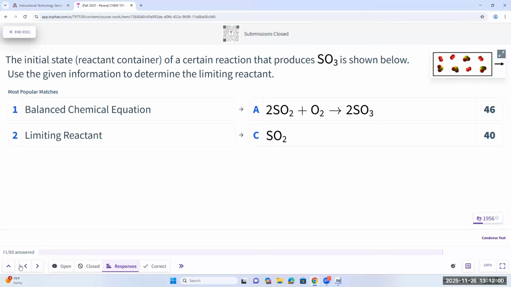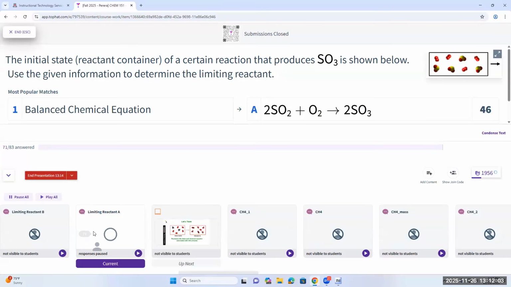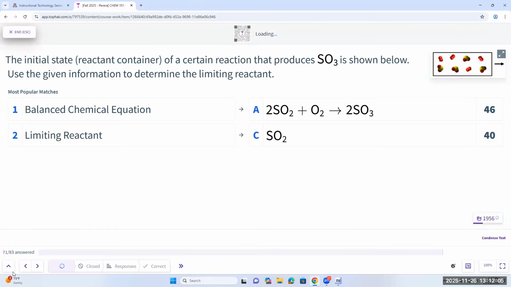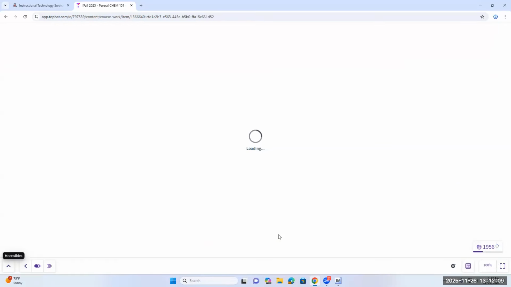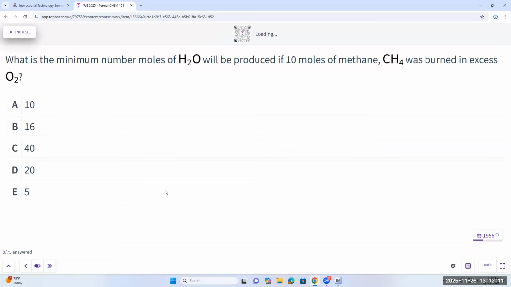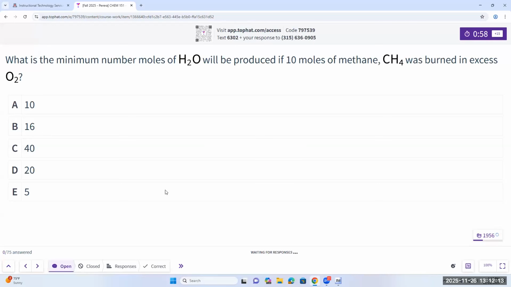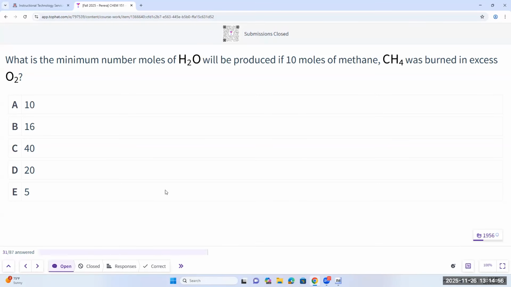Okay. Now with that, let's do this. I'll reopen the question in case somebody wants to revise the answers. Oh, by the way, we have a balanced chemical reaction for this.